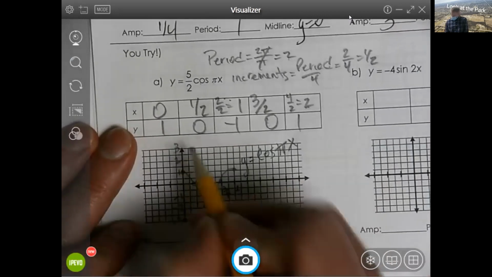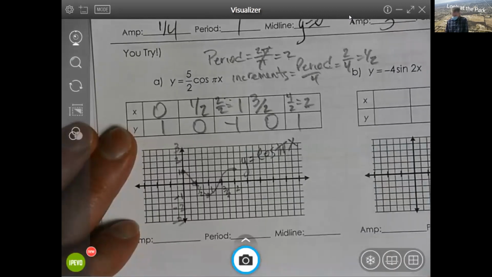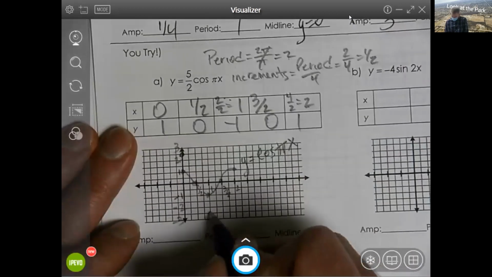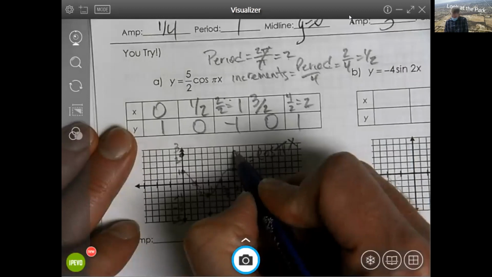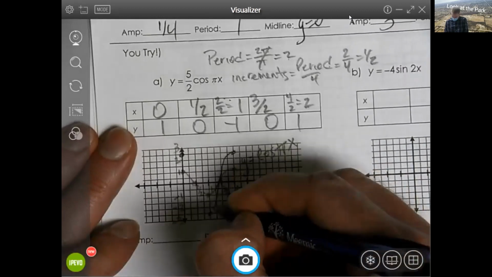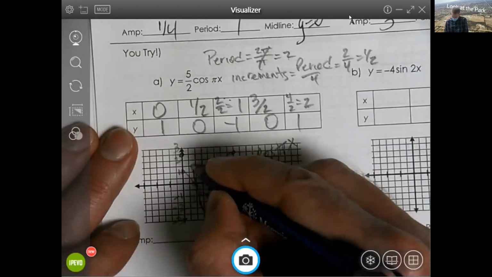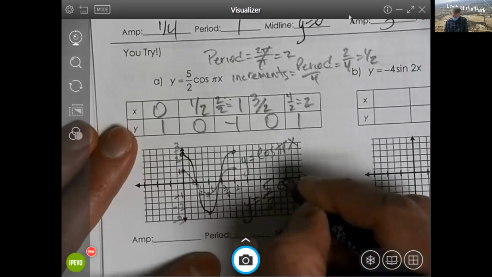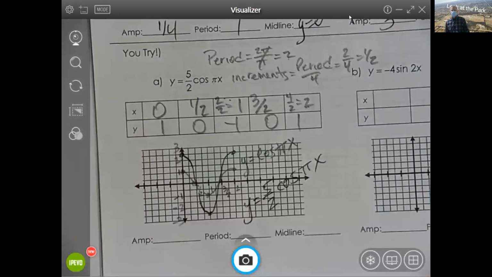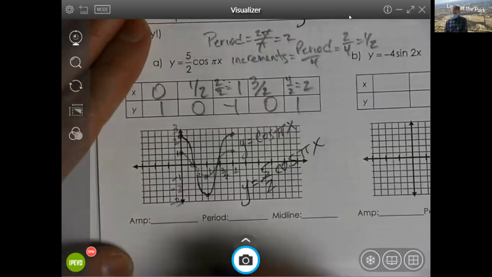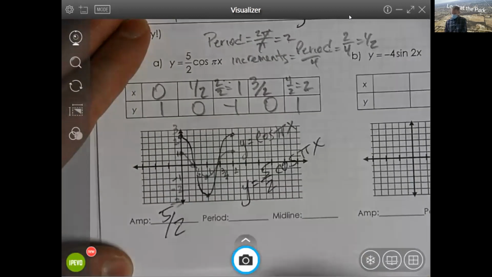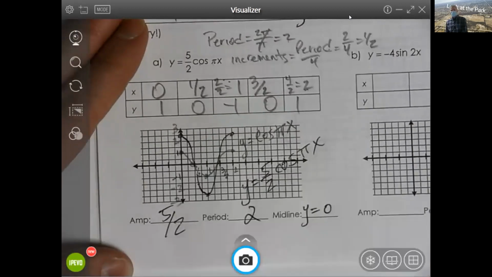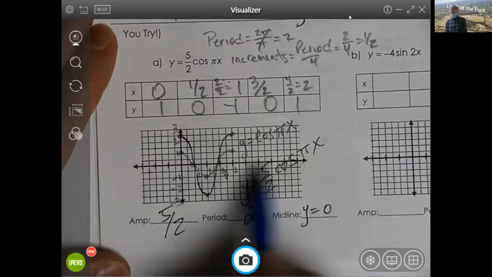So we're going to go up to 10. 2.5, down to 2.5, up to 2.5. So this is y equals 5 halves cosine pi x. So your amplitude in this case is 5 halves. The period we calculated was 2, and of course, our midline is still here at the x-axis, 0.